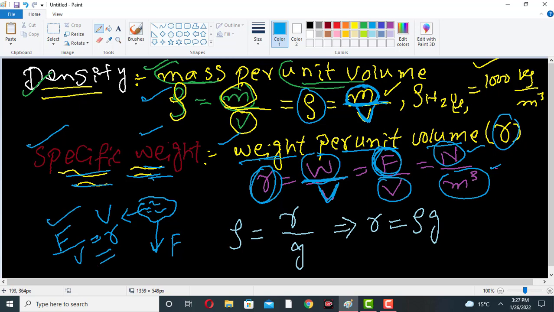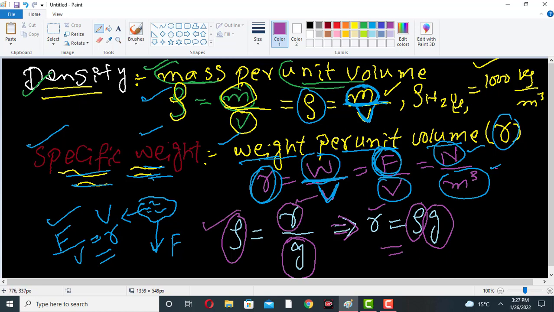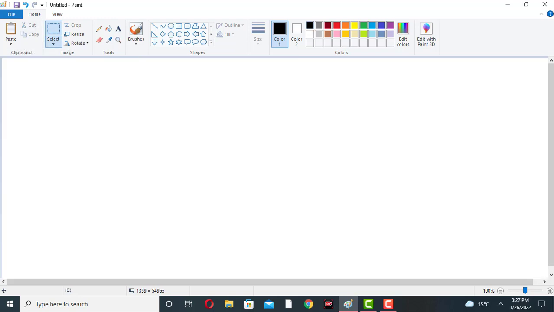Similarly, there is a relation between the density and specific weight. Density is equal to specific weight divided by acceleration due to gravity g. This relation can also be written as gamma is equal to the density of the liquid times the acceleration due to gravity. So this is the relation between the specific weight and density of the liquid.